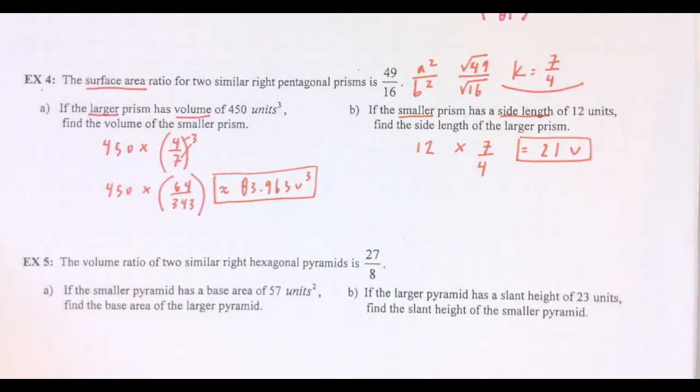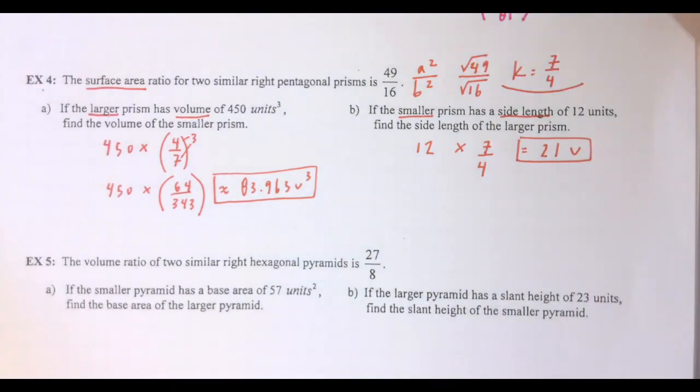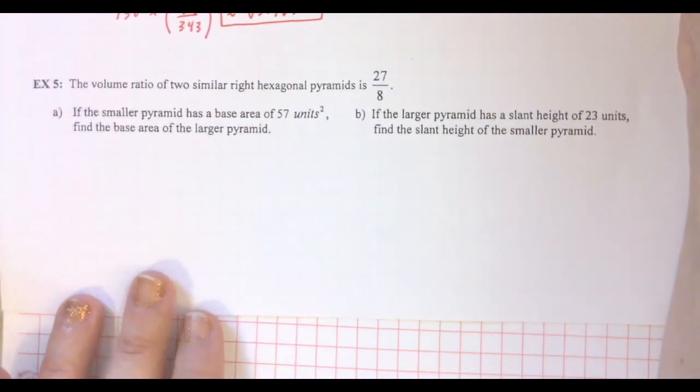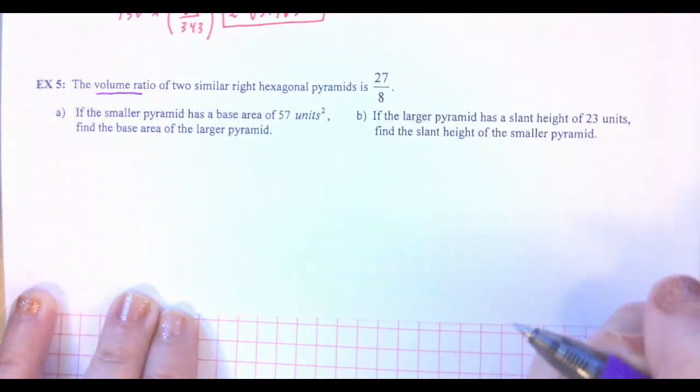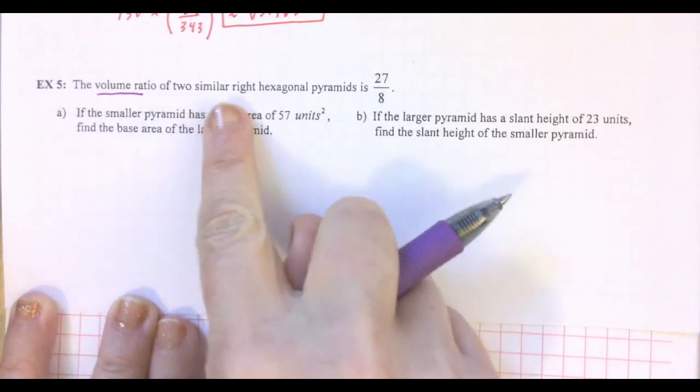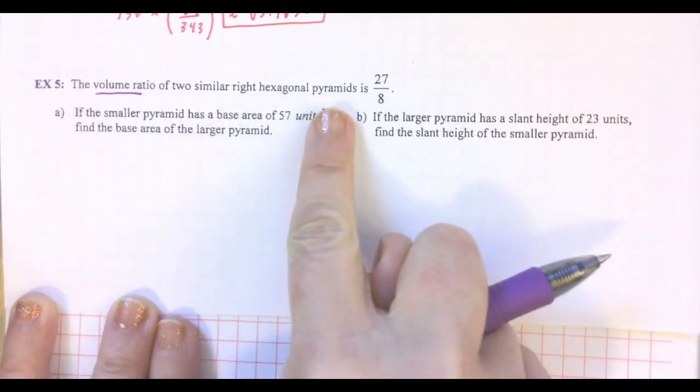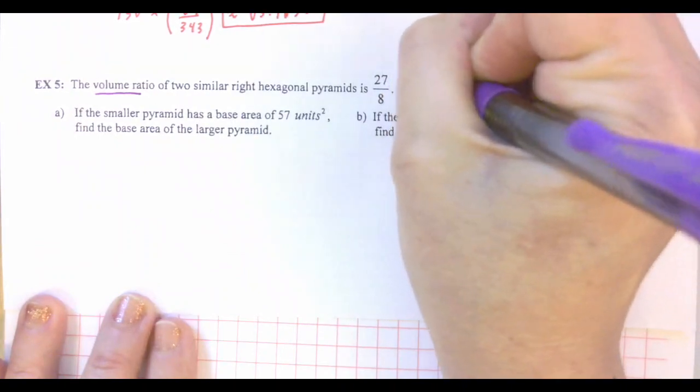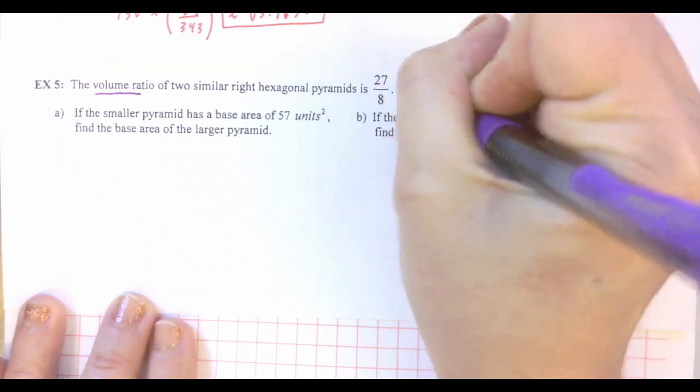All right, one last problem. So here I'm starting you off with a volume ratio instead. Still looking at two similar right hexagonal pyramids. Here's the ratio. So here, since it's volume, it must be a cubed to b cubed.